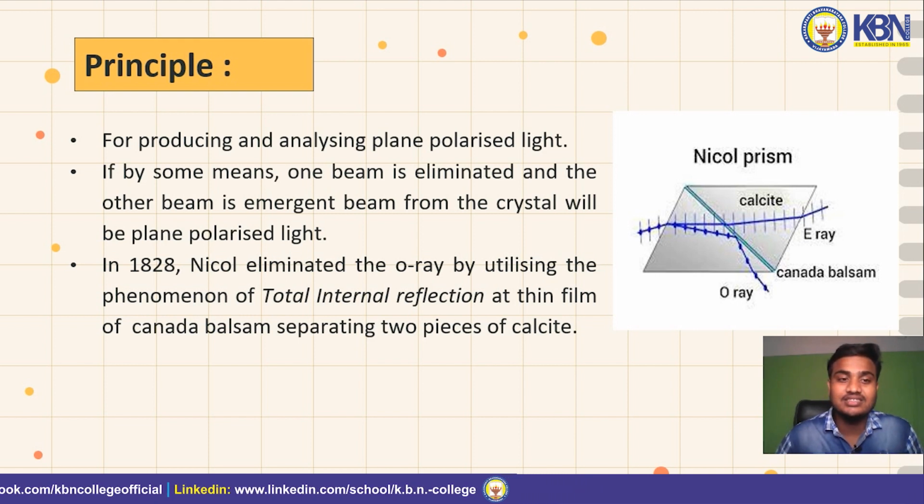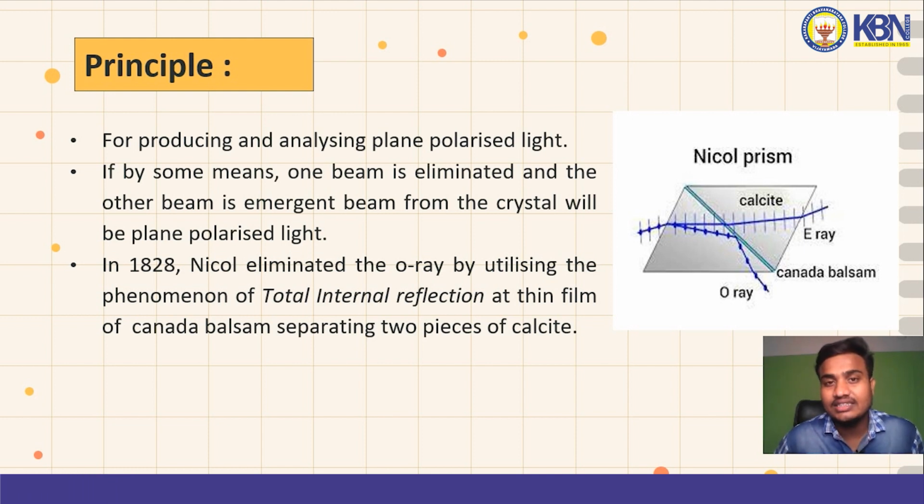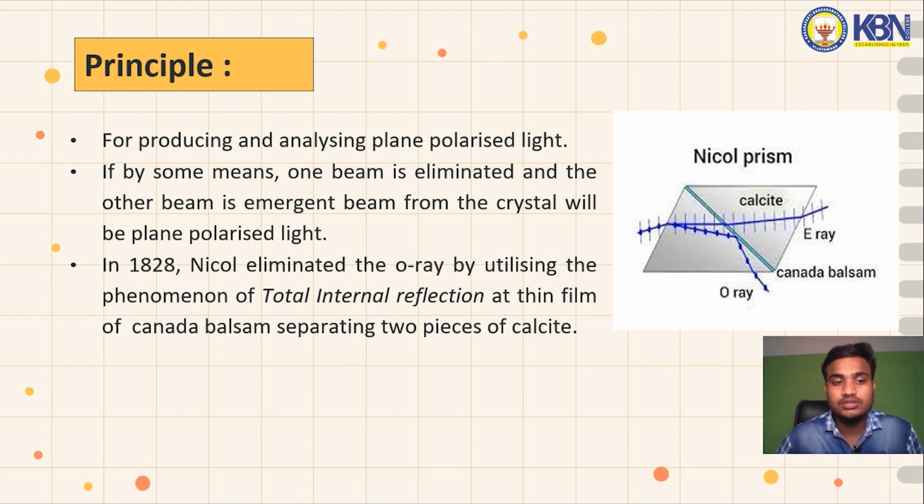If by some means one beam is eliminated and only the other beam emerges out from the crystal, it will be plane polarized light. It produces only one plane polarized light.